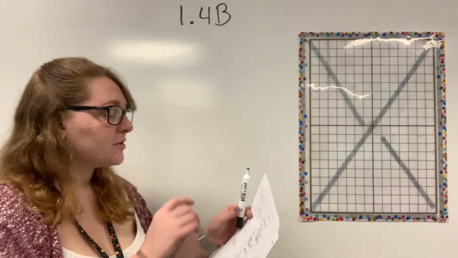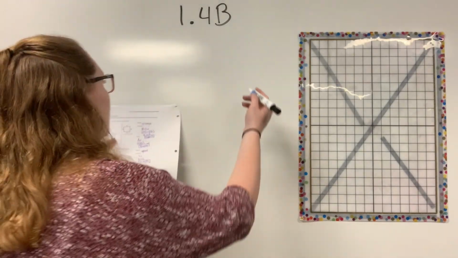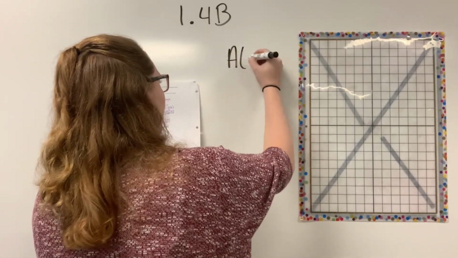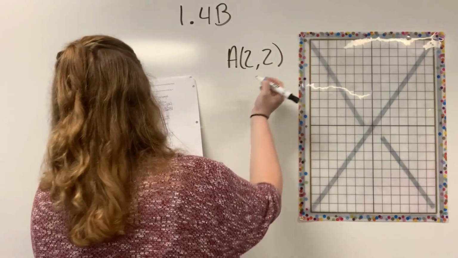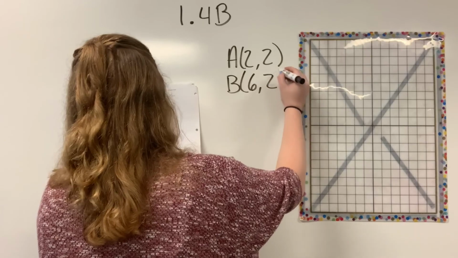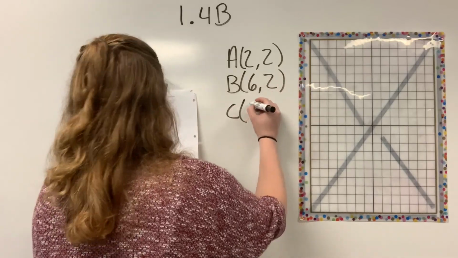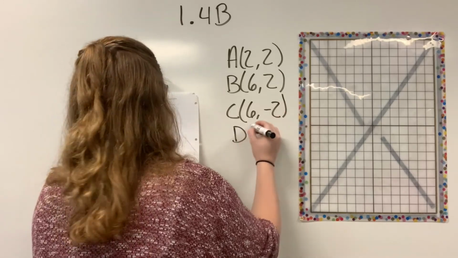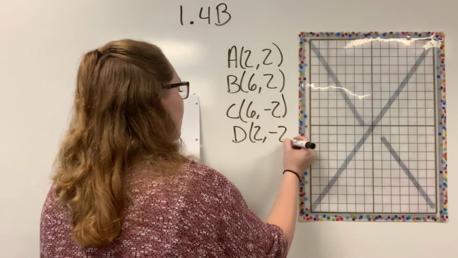Let's do one more of those. So, for this one, we have another 4 points. We have A at +2, +2, B at 6, +2, C at 6, -2, and D at +2, -2.